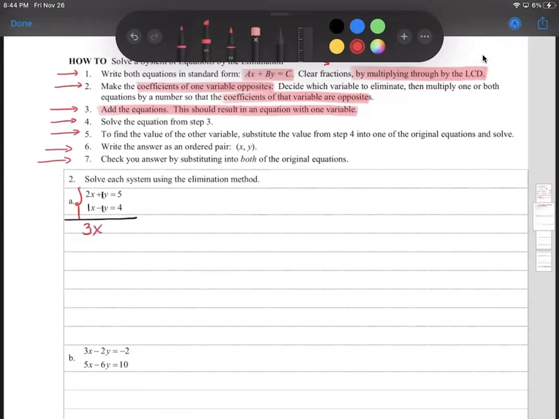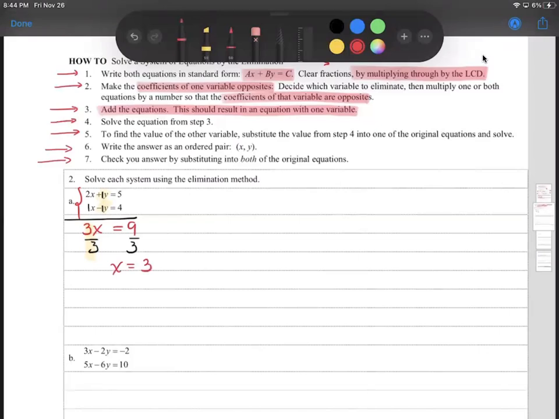And y is gone. Positive y, negative y is gone. 5 plus 4 is 9. So 3x equals 9. Now I have one equation with one variable, right? I can solve this. All I have to do is divide both sides by 3. And now x equals 3.